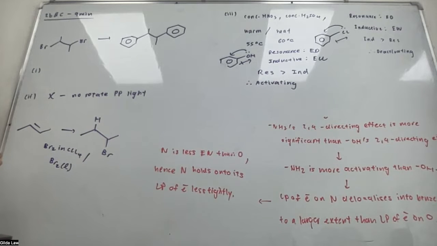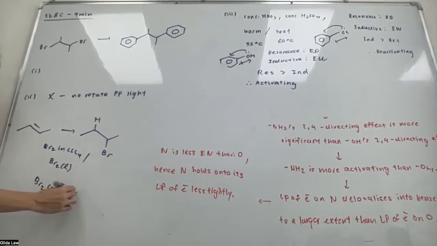So they give you Br. These two are the same thing. You can just use all room temperature. Addition is all room temperature for alkenes because the pi bond very easy.